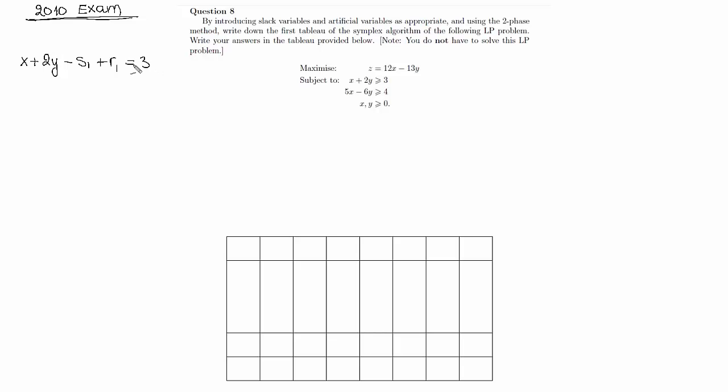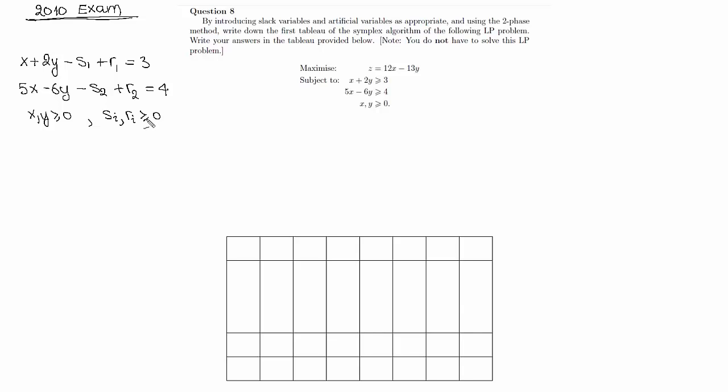And the second one is 5x minus 6y, minus again s2 plus r2, since again we have a greater than or equal to inequality, and this is equal to 4. We also know that x and y need to be greater than or equal to 0, and we also have that si and ri need to be greater than or equal to 0.